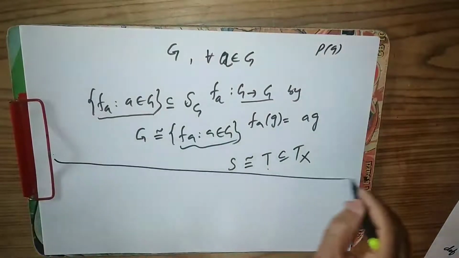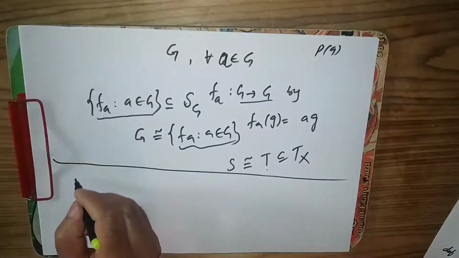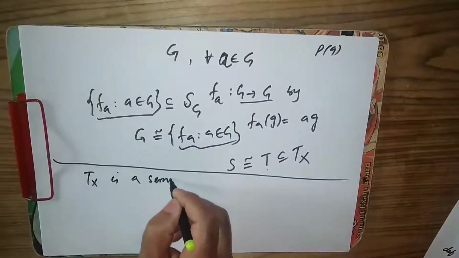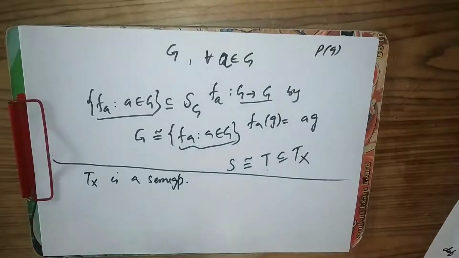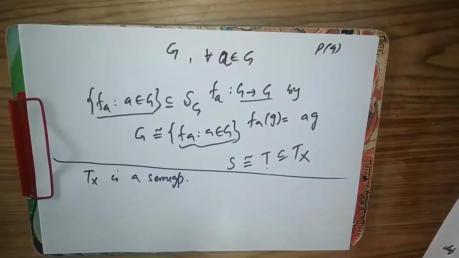So first we define some basic definitions here. We know that T_X is a semigroup, which we already saw in previous lectures. T_X is the semigroup of all maps on X, the full transformation semigroup.